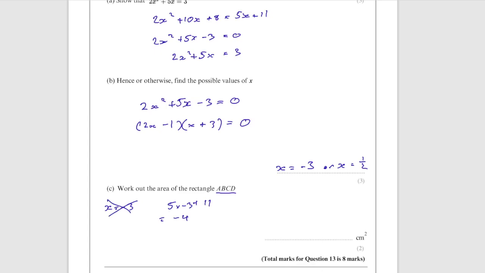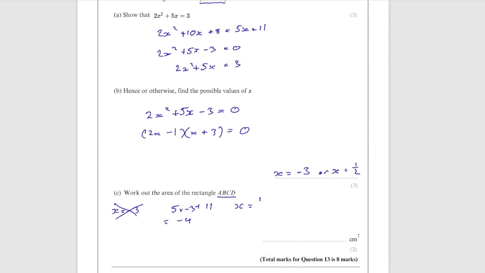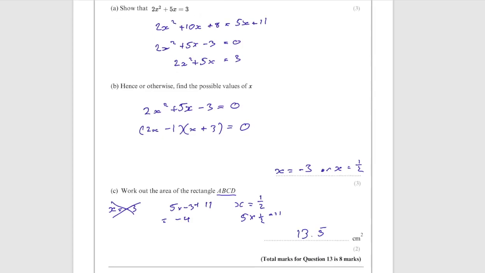Arguably we can get rid of that value, but I'm going to leave it in though. When x is equal to a half, I'm going to look at 5 times by a half plus 11. That's going to be 5 over 2, which is 2.5, plus 11, that's going to be 13.5 centimetres squared.